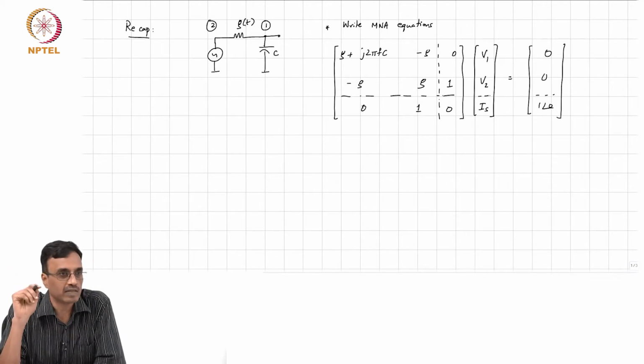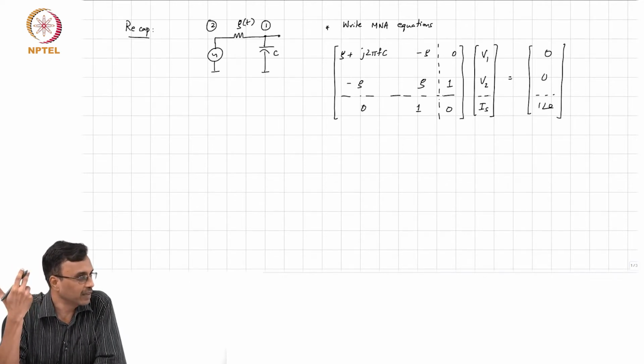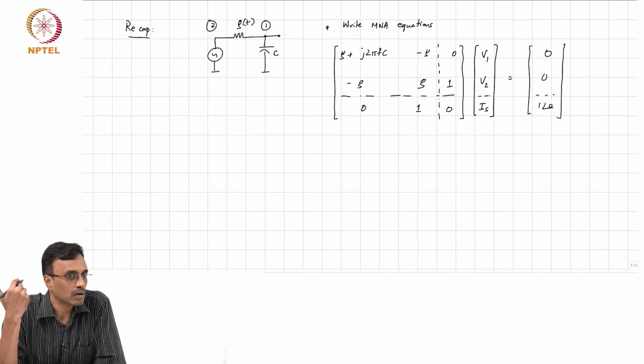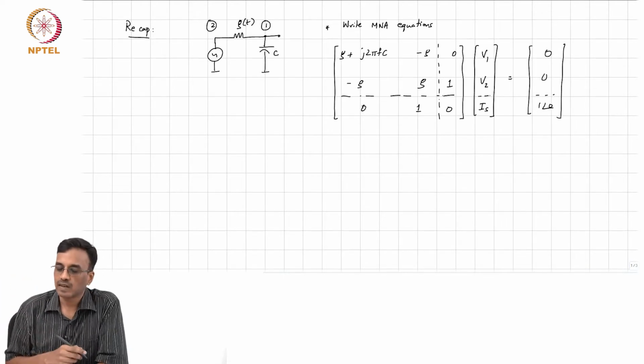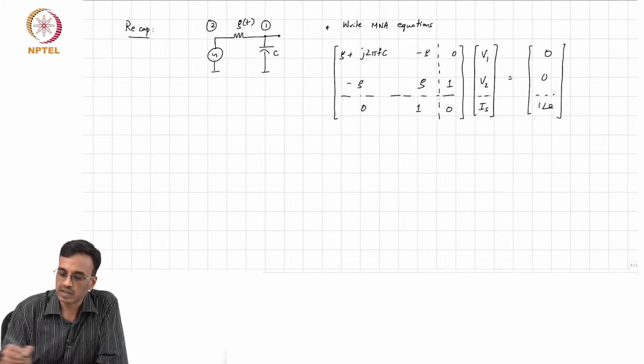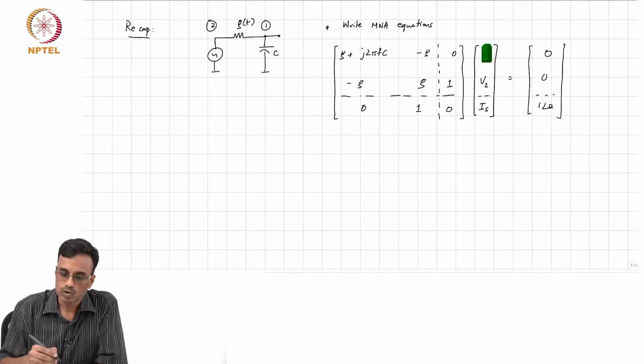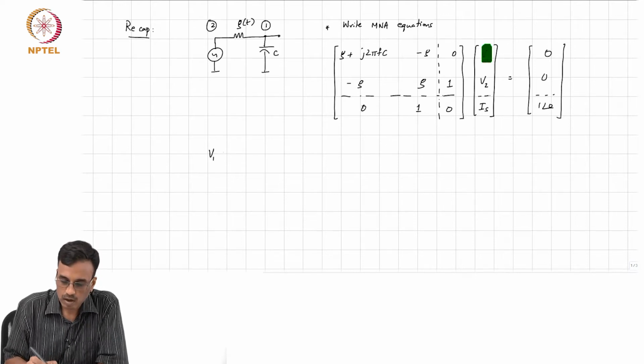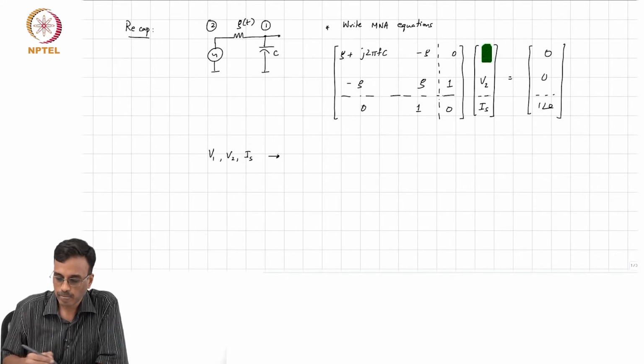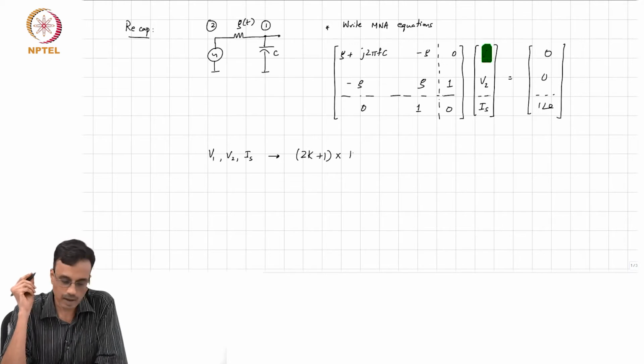And the moment we made the conductance time varying, if this was G of t, then the process remains pretty much the same, except that what's the difference now? Basically, the unknowns now become column vectors, right? And so V1, V2, IS, etc. are 2K plus 1 cross 1 matrices, right?